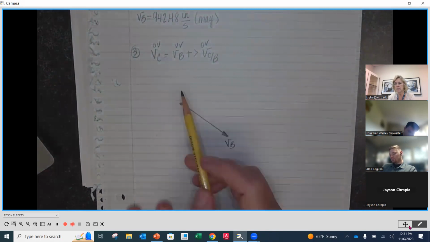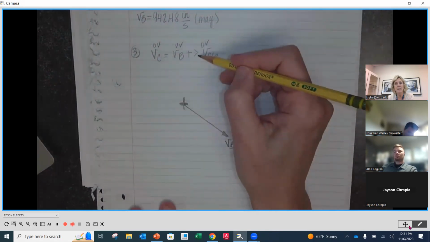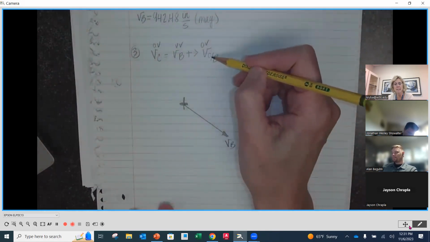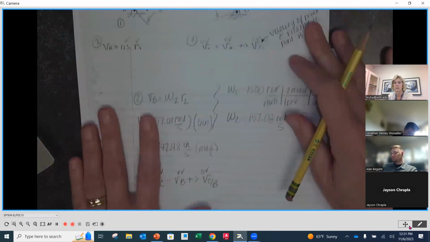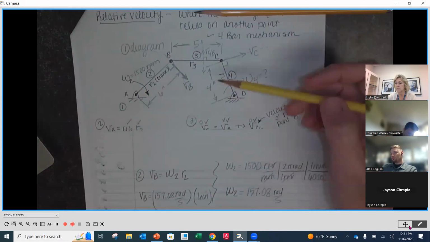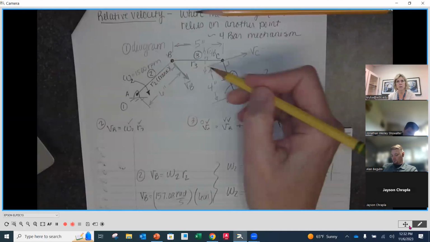Now, as we look at this vector equation, we're going to add vectorially to it the velocity of C relative to B. The velocity of C relative to B. Now let's look back up here. The direction of C relative to B is along this line perpendicular to the link connecting points B and C. Okay, that's a horizontal link.